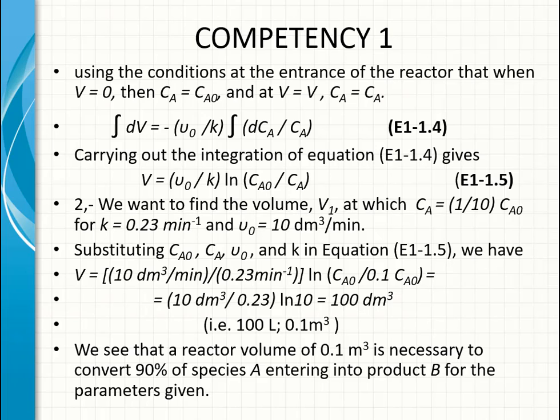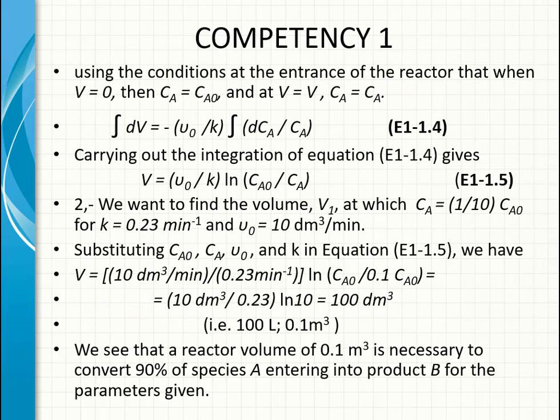Carrying out the integration of this equation will give us that V, the volume, is equal to the volumetric flow rate divided by K, V0 divided by K, times the natural log of CA0 divided by CA.